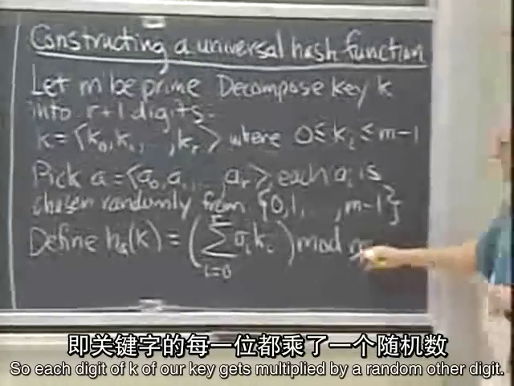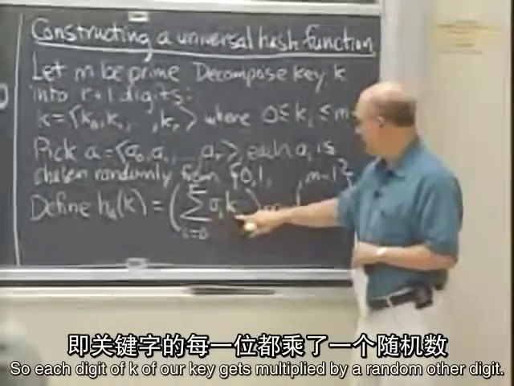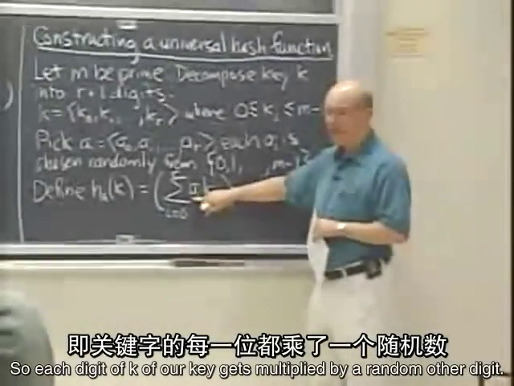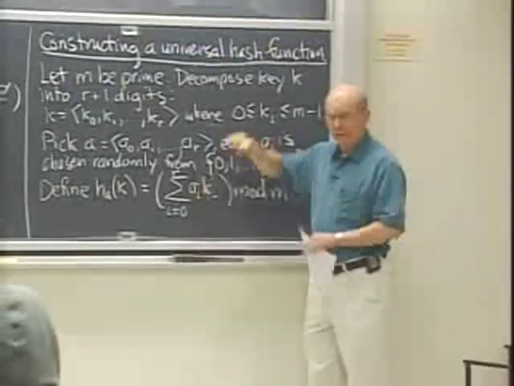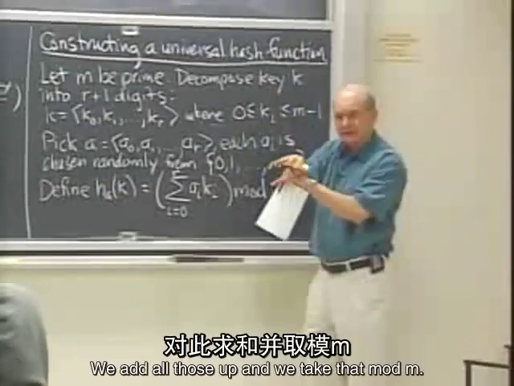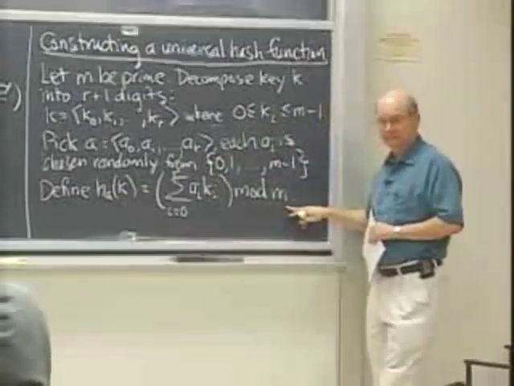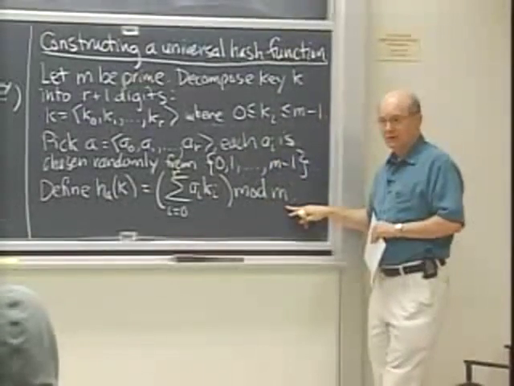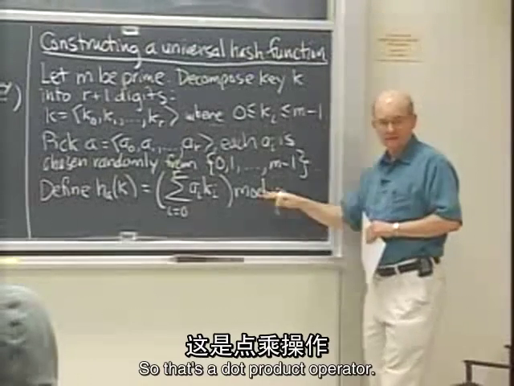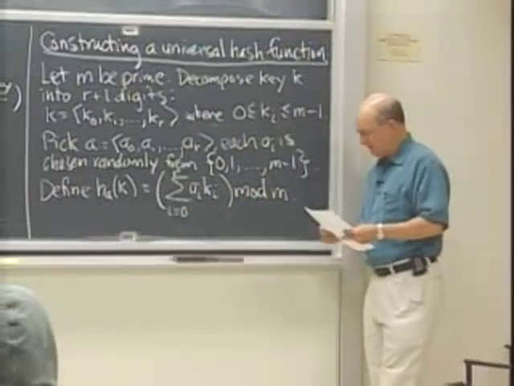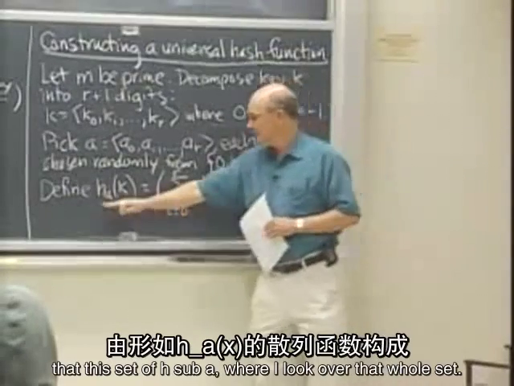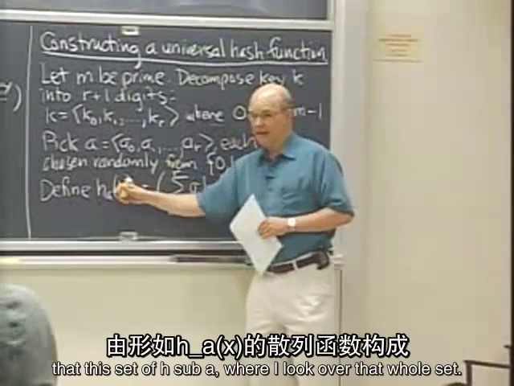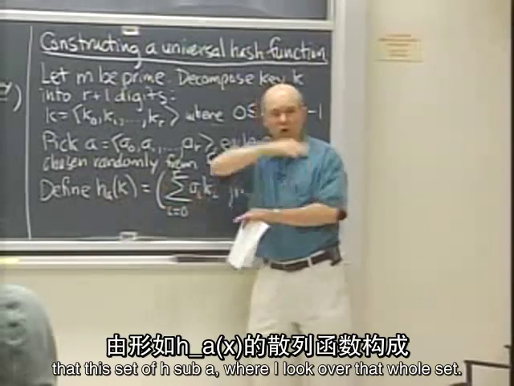So each digit of k, of our key, gets multiplied by a random other digit. We add all those up, and we take that mod m. So that's a dot product operation. And this is what we're going to show is universal, this set of h sub a's, where a ranges over that whole set.